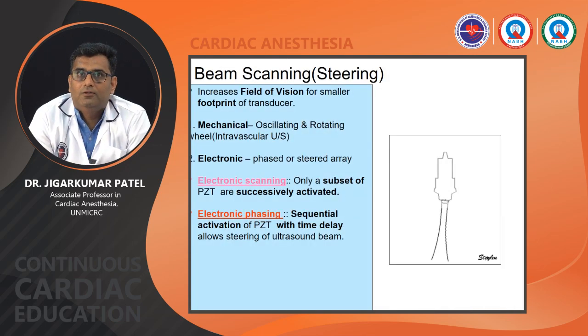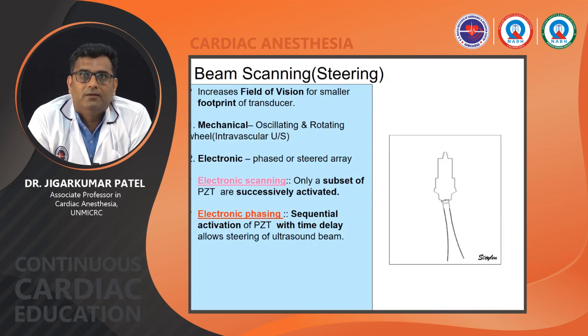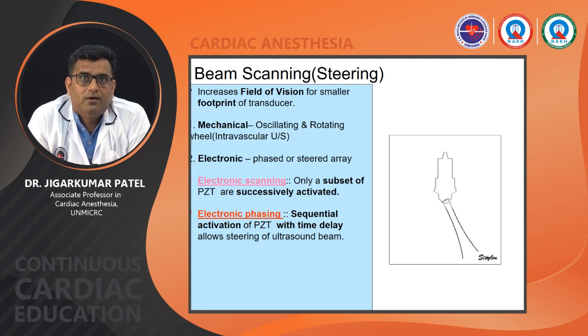Now beam scanning is also of two types. It is either mechanical or electrical. By beam scanning, you can increase the field of view for a smaller probe. So with a smaller transducer, you can scan a large area. By the mechanical method, they use an oscillating or rotating wheel, like in intravascular ultrasound.